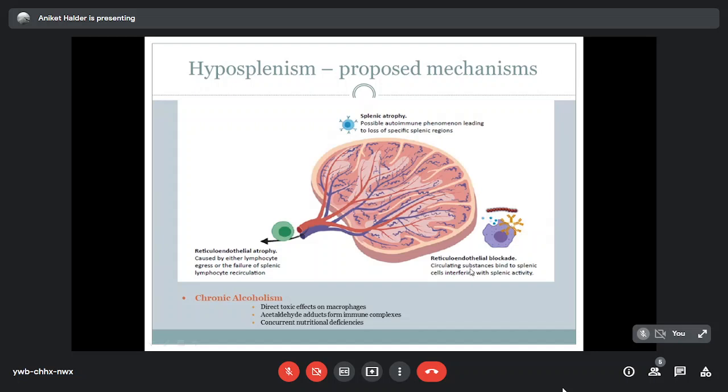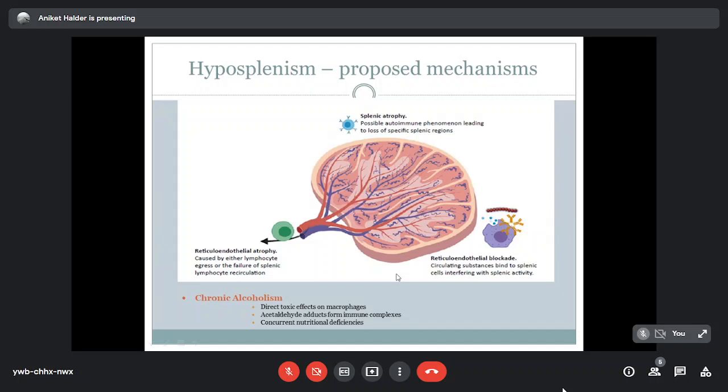The other cause of reticuloendothelial blockade is because in celiac disease and inflammatory bowel diseases, the barrier immunity, that is the gut-related barrier to the different gut-related pathogens, is lost. So more and more pathogens enter into the blood circulation and ultimately reach the spleen.